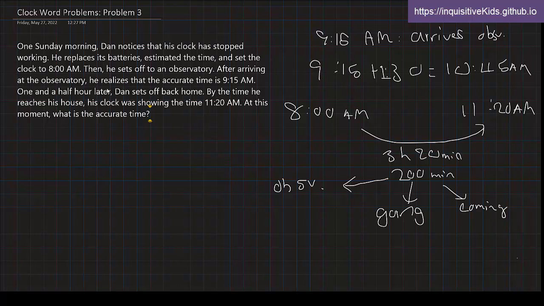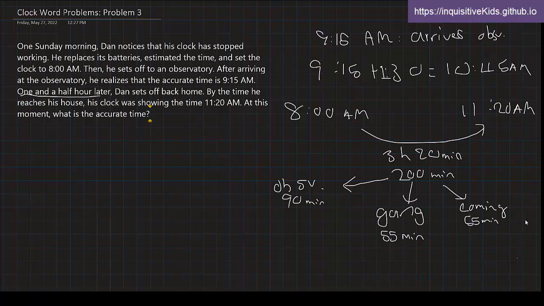He spent 1.5 hours there. So he spent 90 minutes at the observatory, giving us 110 minutes left. And going to the observatory and coming back would take the exact same time. So 110 divided by 2 is 55 minutes, and 55 minutes here as well.